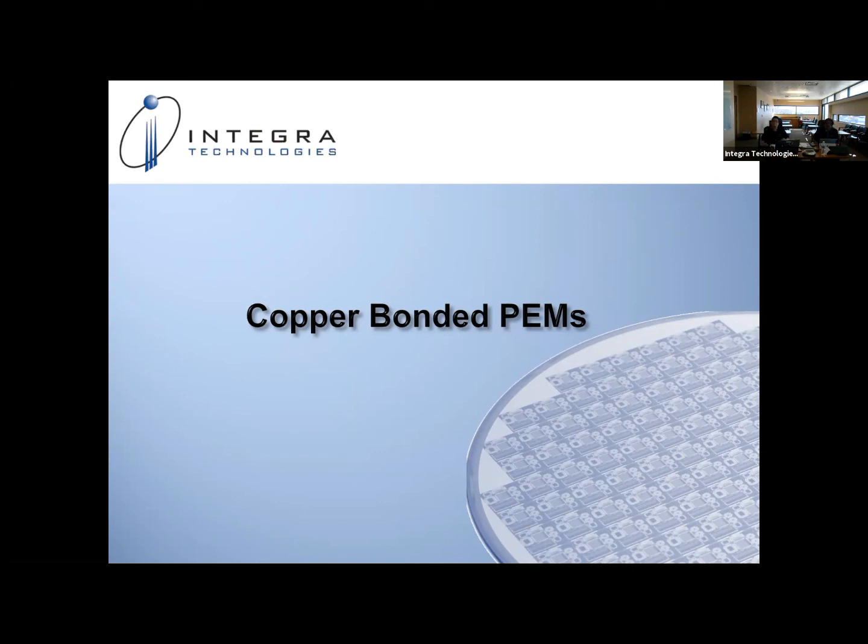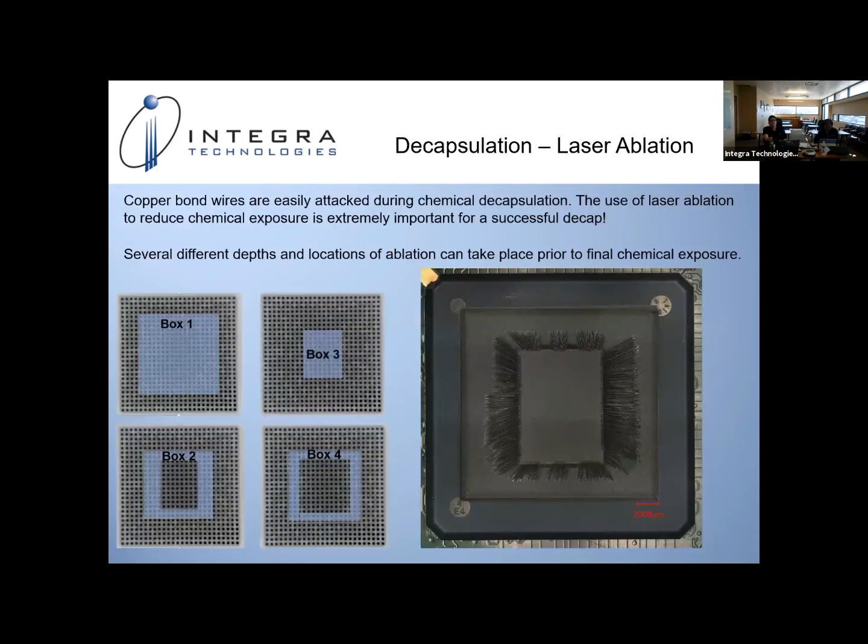So the copper bond wire, next slide. As Rachel mentioned, it is really important that we decap it appropriately. The copper bonds are susceptible to chemical attack. We can chemically decap the part, but it's a lot of acid.